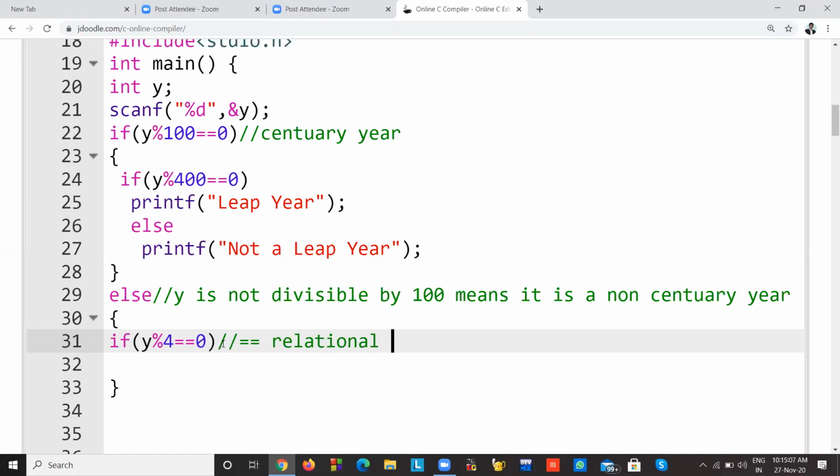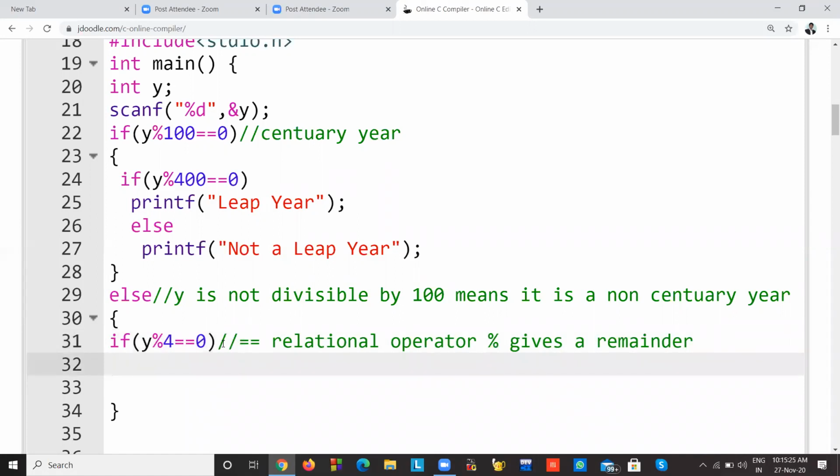Modulo is an operator which gives the remainder when two integers are divided, and it is applicable only between integers. If the remainder is 0, we print it is a leap year.